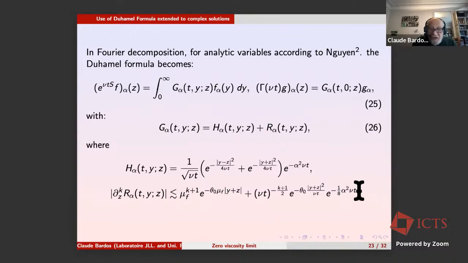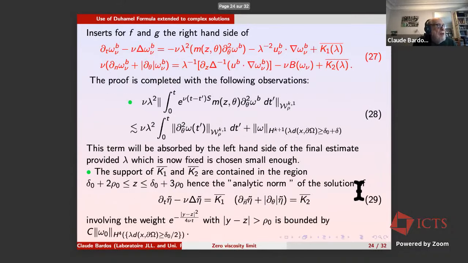Then you just compute the estimate and bound the remainders. Once again, you have to see that the right-hand side will be absorbed if this lambda is small enough, and then you combine with the Sobolev estimate.